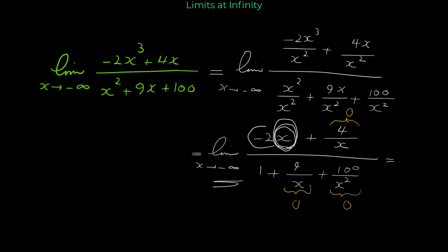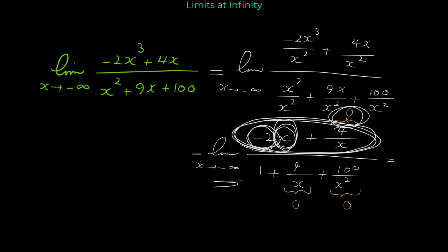If you multiply it by a negative, it would be positive infinity. So the limit of negative 2x when x goes to negative infinity is positive infinity. So the numerator approaches infinity. This is 0, forget this. The denominator is just this 1. And infinity over 1 is infinity. So this limit equals infinity.